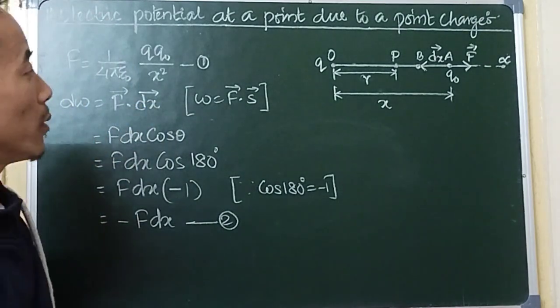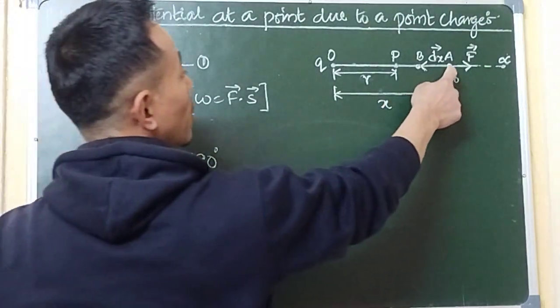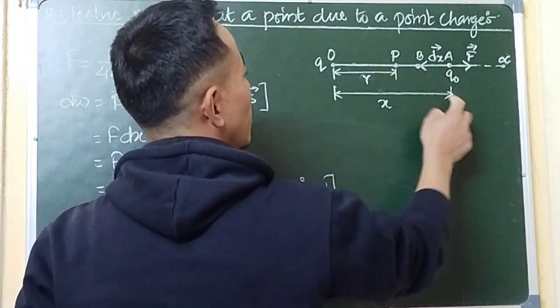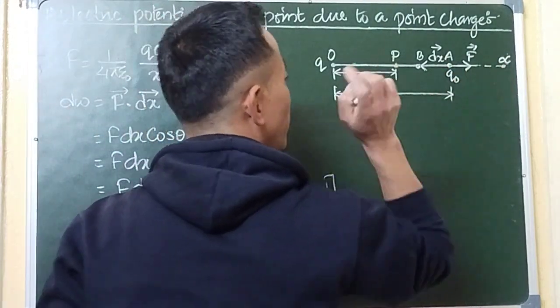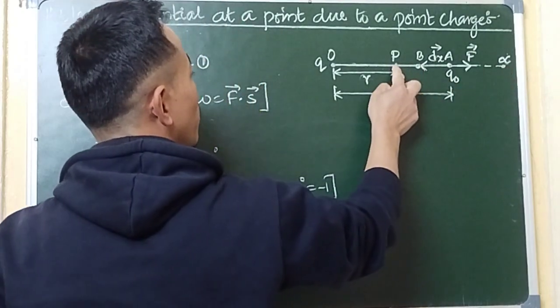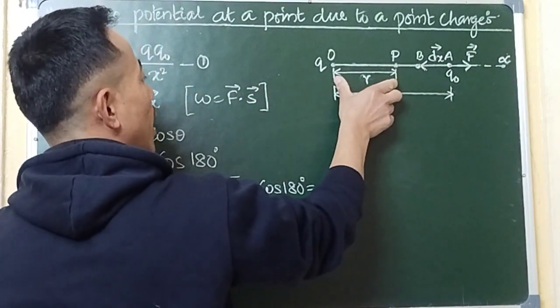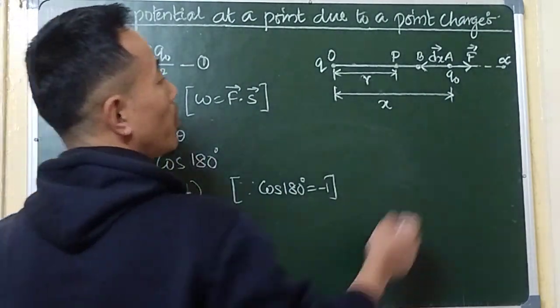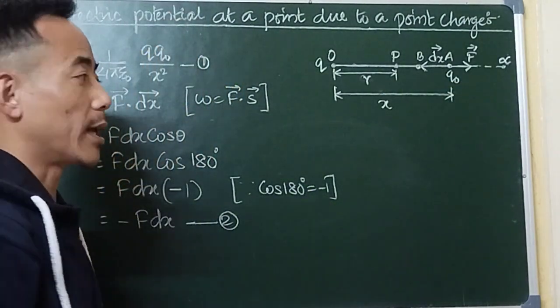Now, if our charge Q0 was initially at infinity instead of at A, and we bring this charge Q0 from infinity to the point P, which is at a distance of r from the charge Q, then what will be the total amount of work done? That we need to calculate.